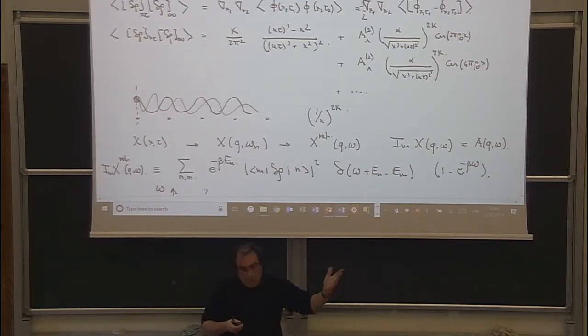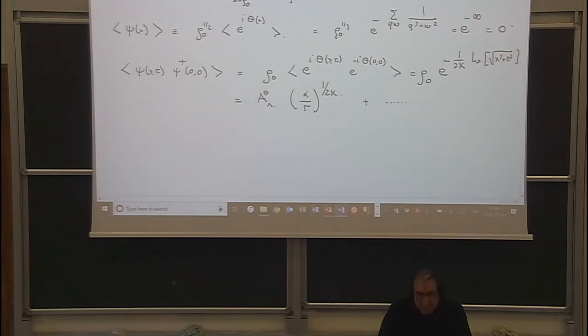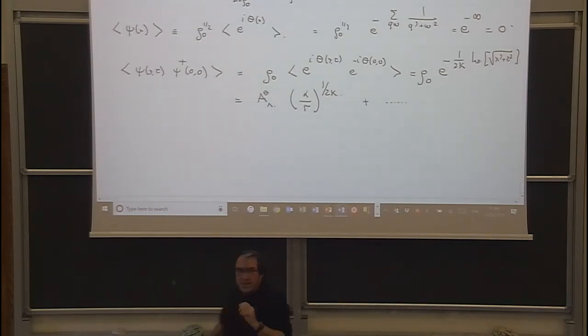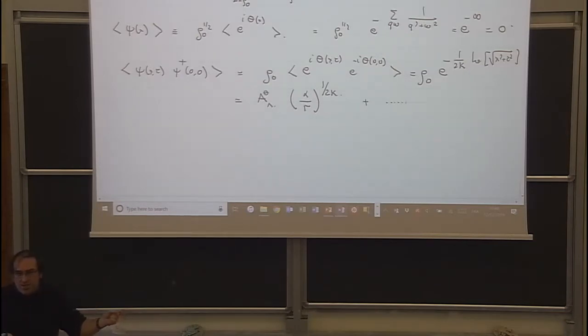So that's the dominant term. Keep in mind, just as a rule of thumb, K is 1 over square root of u. That's what we obtained. Now, you could say, but if K is 1 over square root of u, when u is super small, K is very large. And then this decays very slowly.